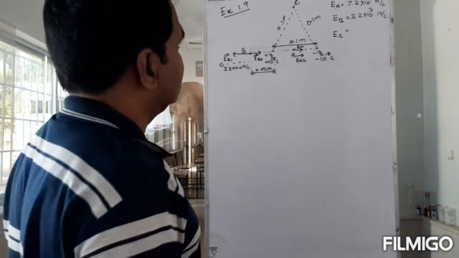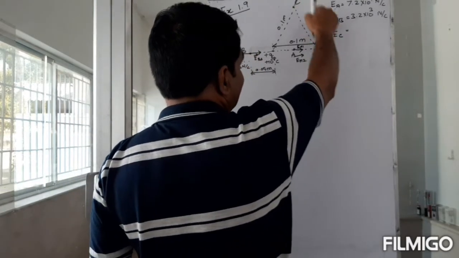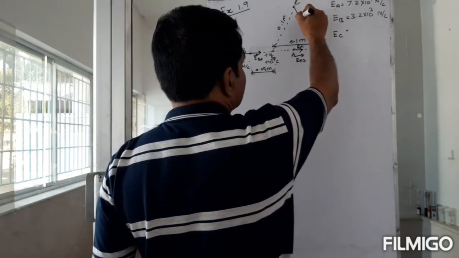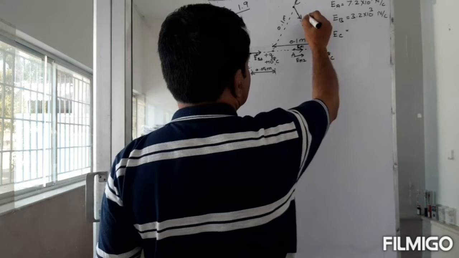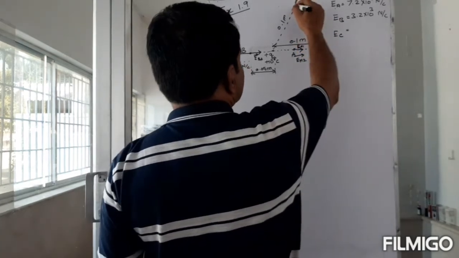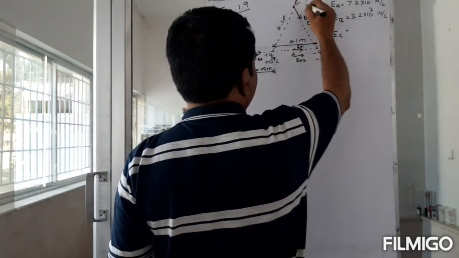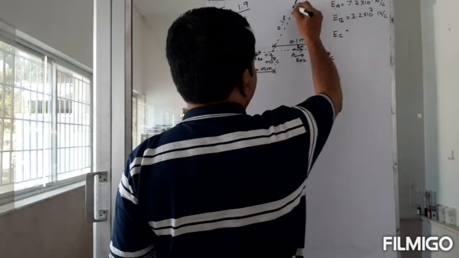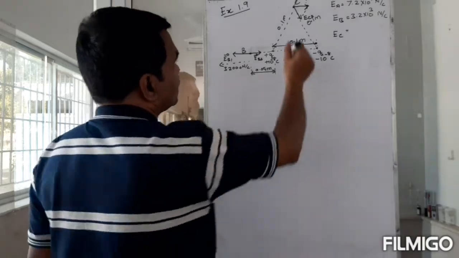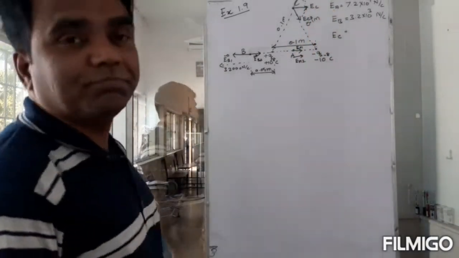And what about this? This is a negative charge, and the test charge is positive. It will attract it in this direction. So this is EC due to 2. So now the resultant EC will be this vector. So that would be EC.